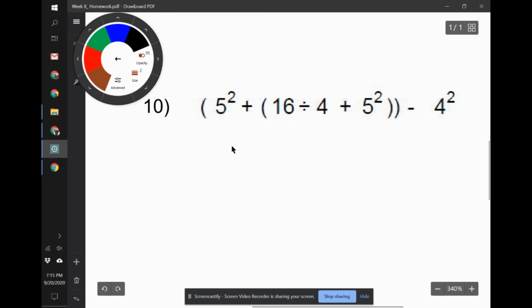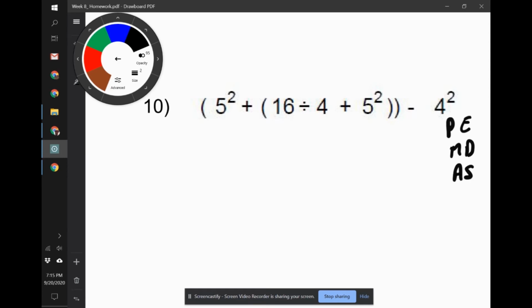Now for number 10, the most complex. So we're going to start with PEMDAS. And inside that PEMDAS, the first thing we do is parentheses. We are going to do the blue set of parentheses first.